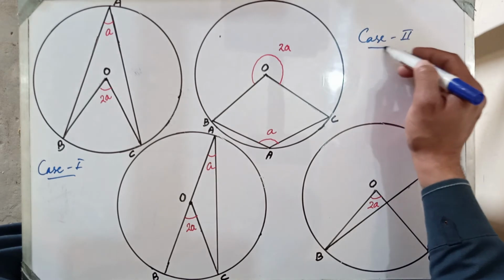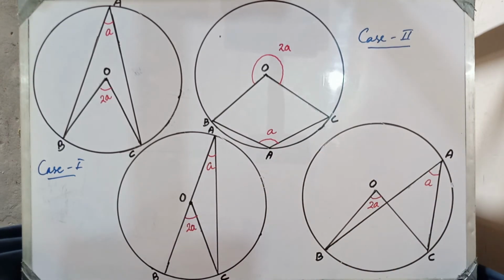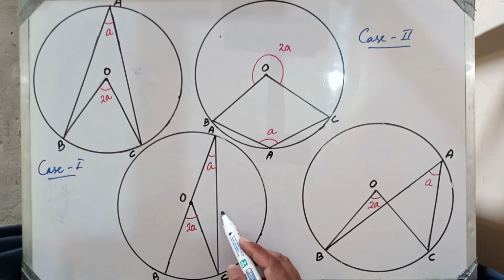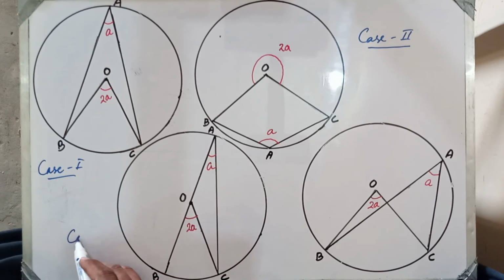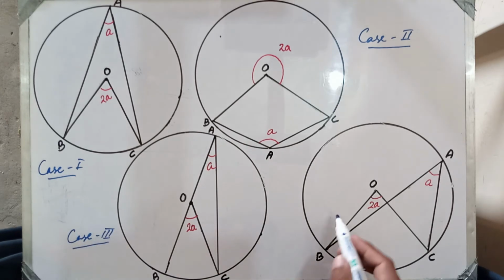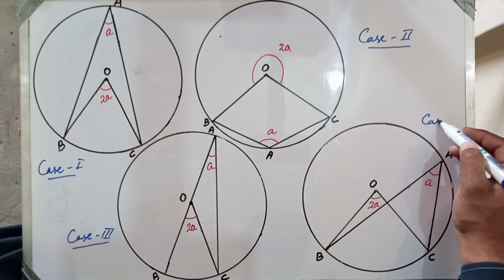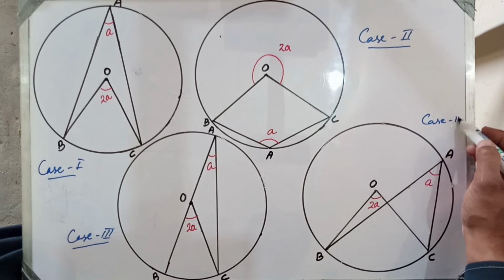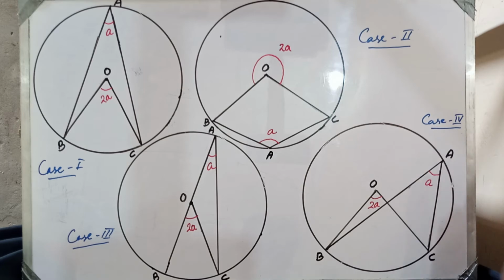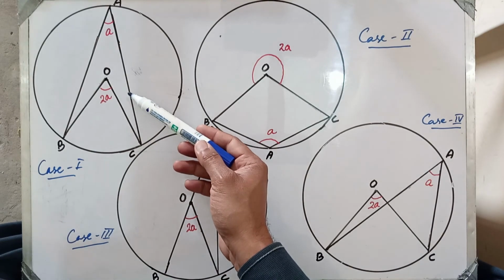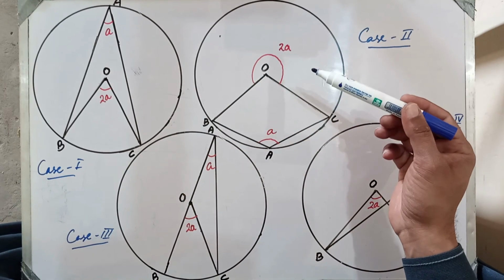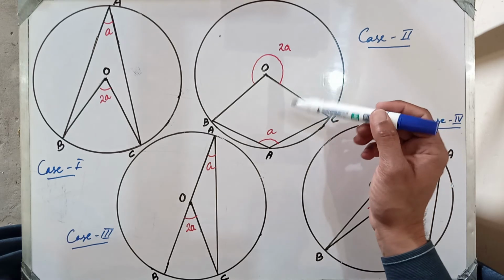Case 3 is this one. The proof of case 3 and case 4 is different from the proof related to case 1 and 2. Now we discuss a little bit about case 2.